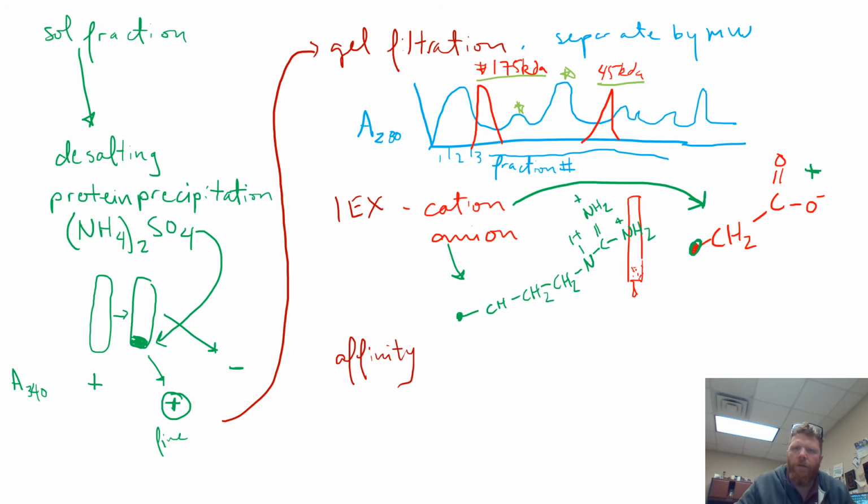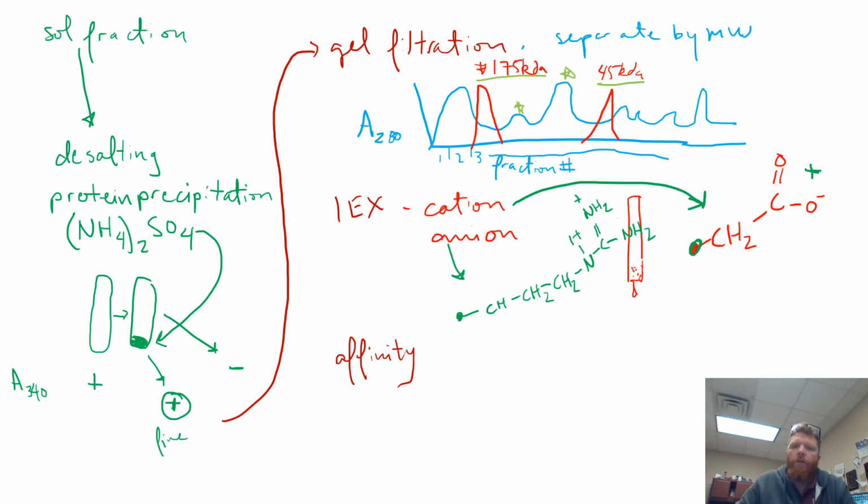Well, now we've got this group that has an overall positive charge, which is going to attract negatively charged proteins. So this would be a good resin to have permanently present on an anion exchange column.